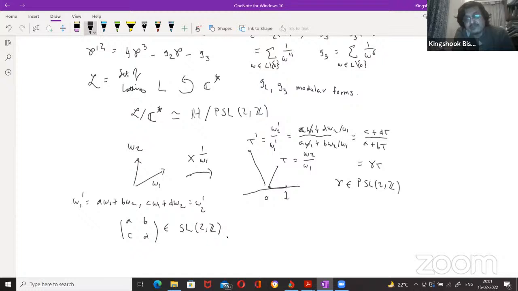This is the family of all elliptic curves, but if you take a finite index subgroup of PSL2Z, you get a family of elliptic curves with some extra structure, for example, the torsion points on the elliptic curve.